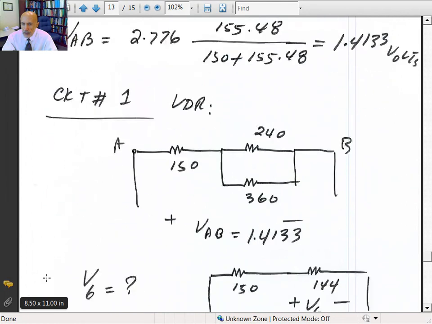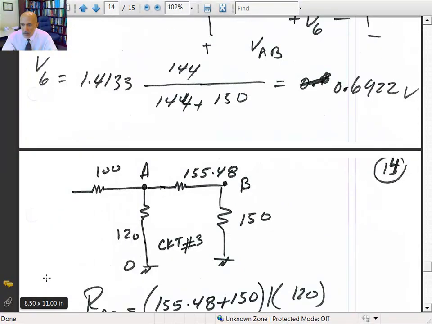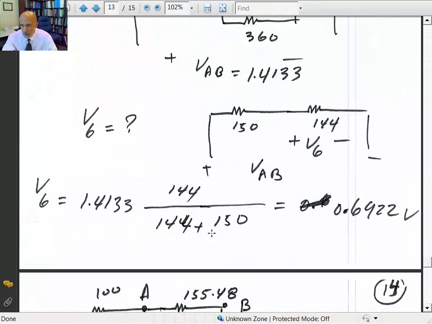If I look at circuit 3, which is the circuit right here, we know how much voltage we have, V sub AO. So I can calculate the voltage at point B.